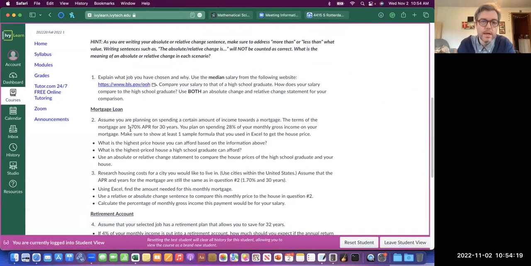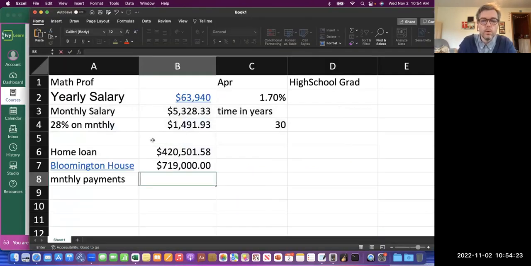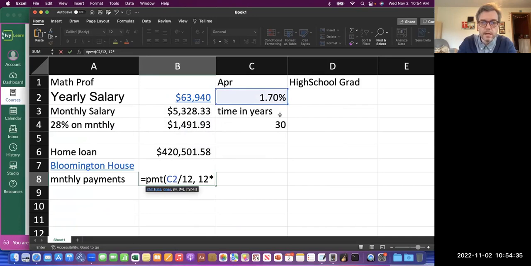APR is the same, so the APR is 1.7 and it's still 30 years. All right, cool. So I want to find the payments on that house. And that is 1.7%. I should just click that. Divide by 12. 12 by 30 years.